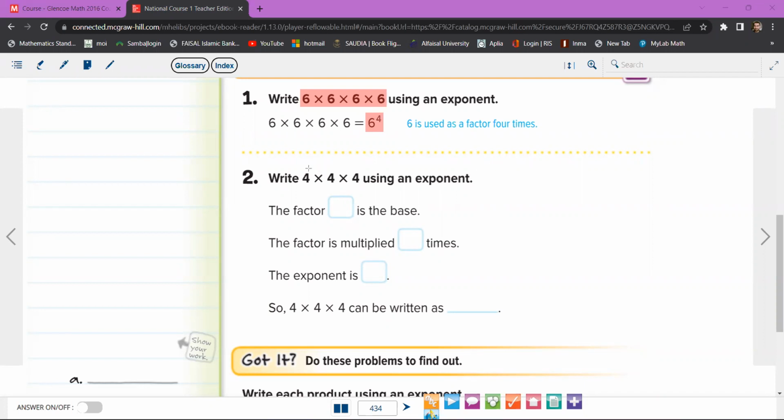Example 2, write 4 times 4 times 4 using an exponent. The factor 4 is the base. The factor is multiplied 3 times. The exponent is 3, so it can be written as 4 to the power of 3.